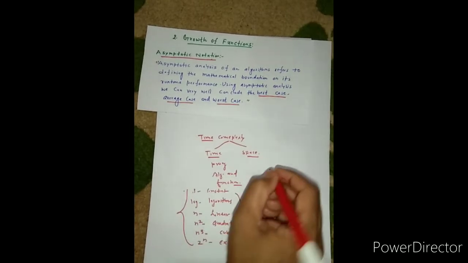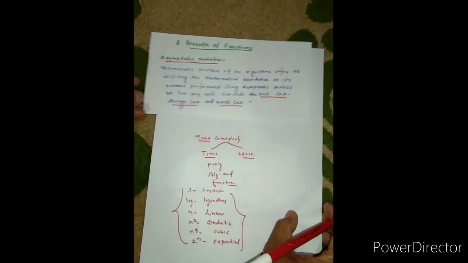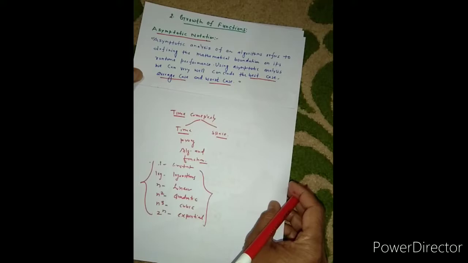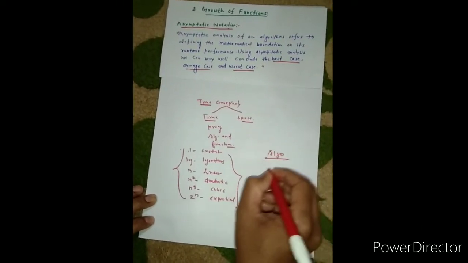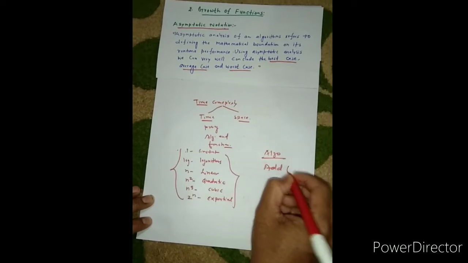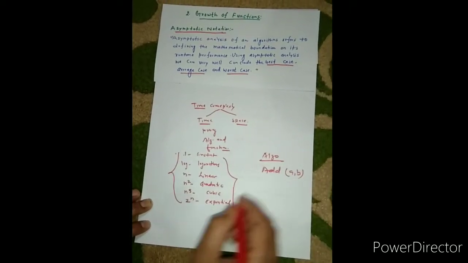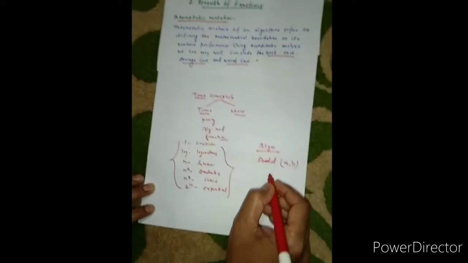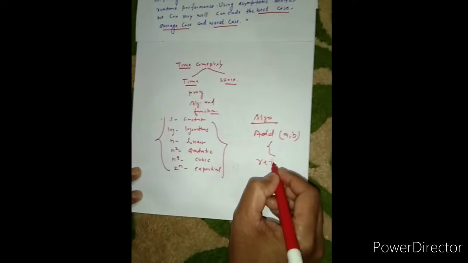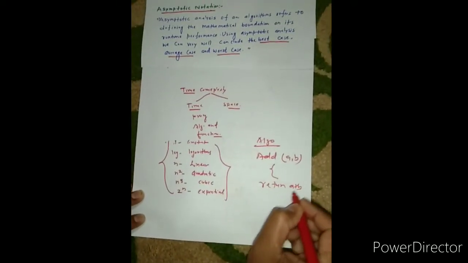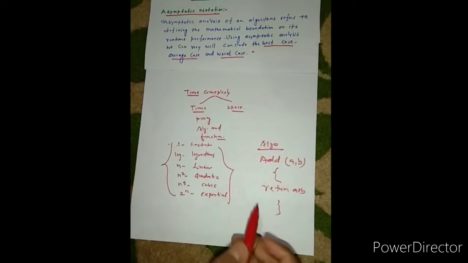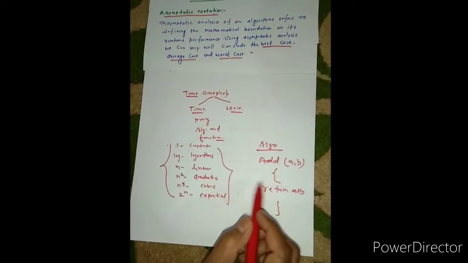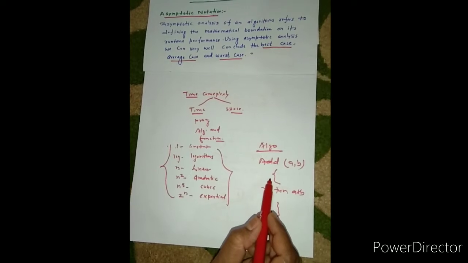Suppose the algorithm is a function of a comma b. The function name is add and it returns a plus b.